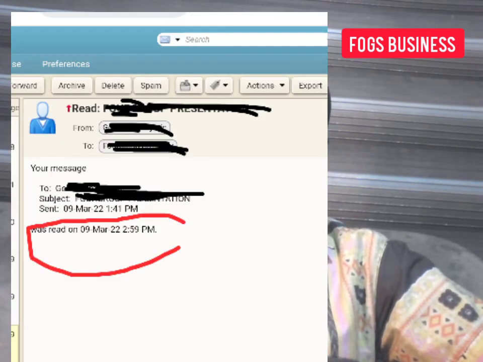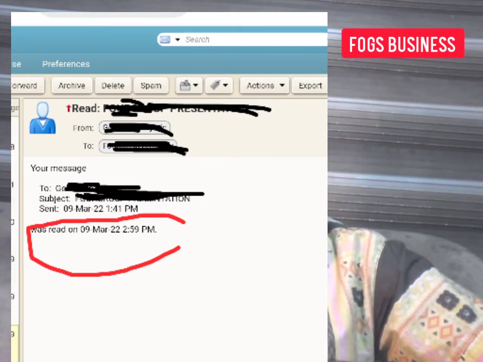Or it could also be that the prospect did not see the mail, or the mail might have ended up in the spam or in the junk, or the subject line was not something that appealed to that particular prospect. So when you suspect the subject line, it is important to change it and try another subject line.